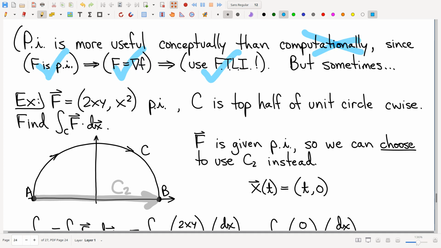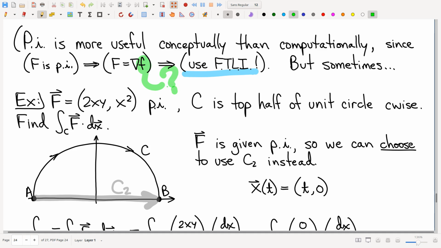That is mostly true. But notice if you're going to use the fundamental theorem of line integrals, you would need to find that anti-gradient, and it turns out sometimes it's hard to find anti-gradients. Not that much, I suppose, but it can be hard sometimes.